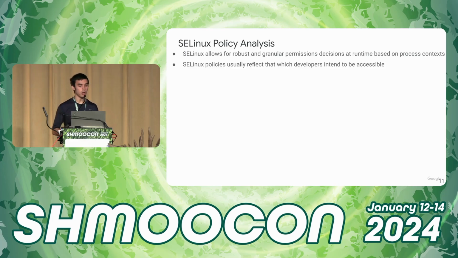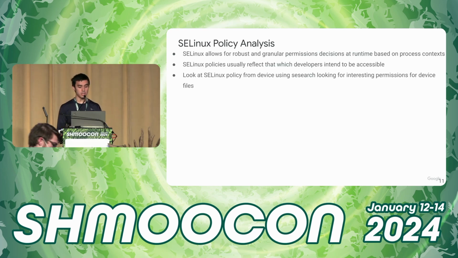So by looking at the policies and looking for cases where certain file contexts are readable or openable or ioctlable from an unprivileged context, it betrays that which the developers are expecting me to be able to access. And it suggests that I should do greater investigation into those files to see if they're interesting.